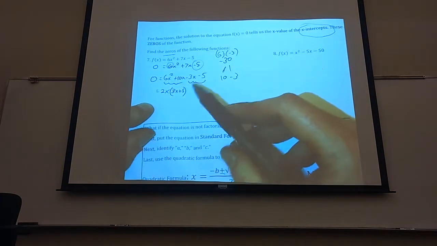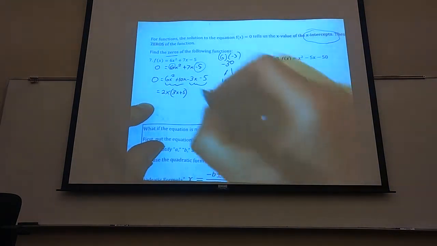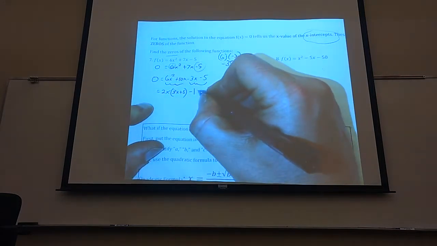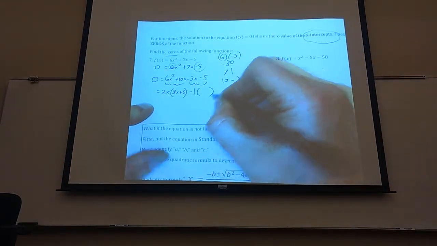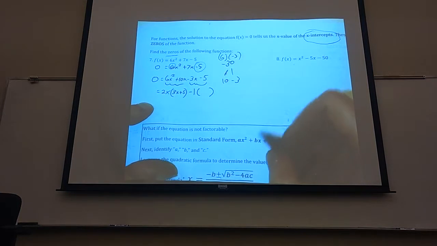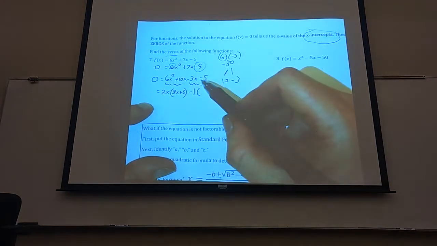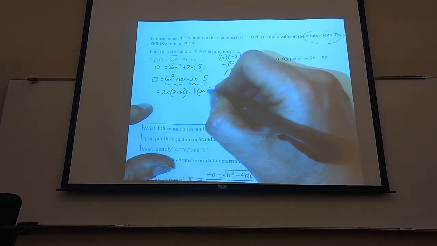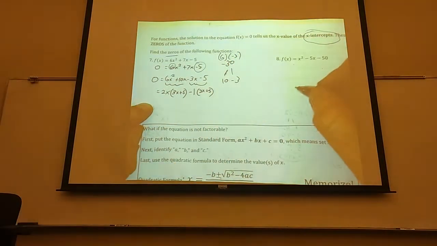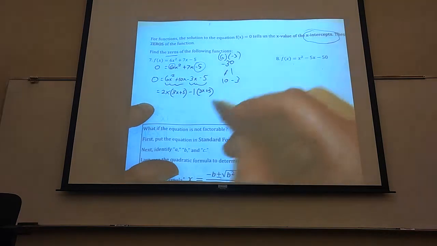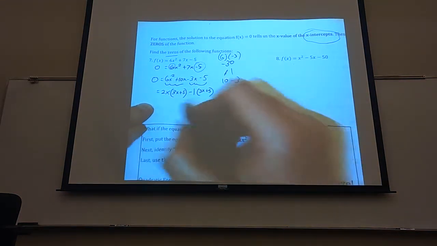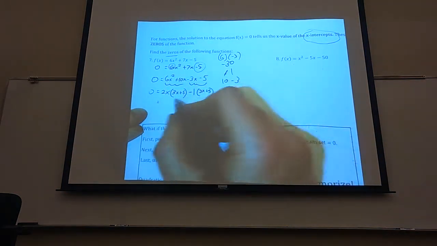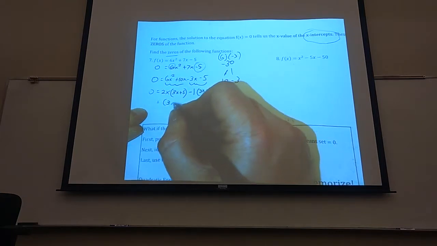Over here, I've got all these terrible negative signs. But we can just factor those out. I factor a negative out of each of these, and it becomes a positive 3x, a positive 5. Are we on the right track? Yes, we are. I know because I've got 3x plus 5 in both of my groups.